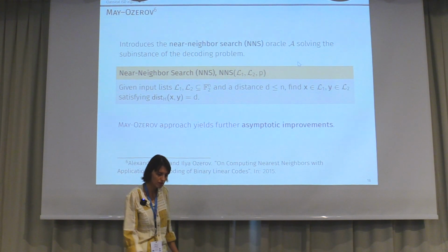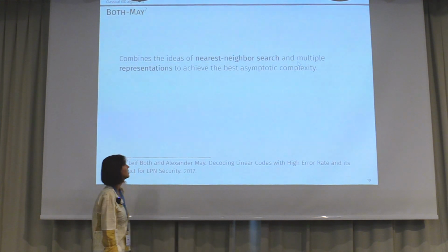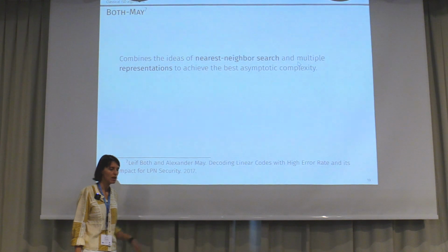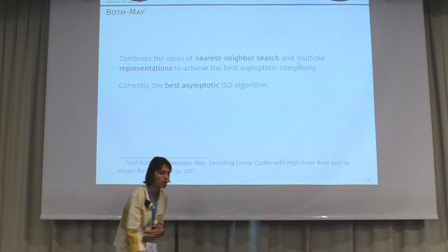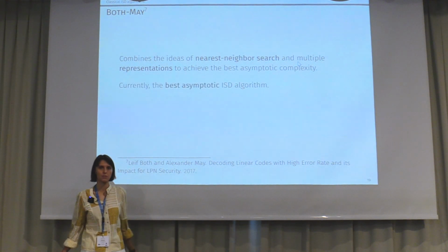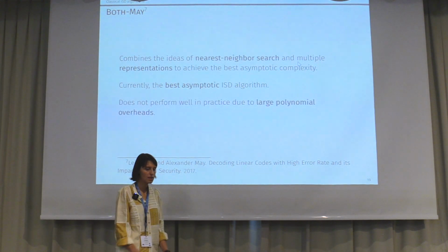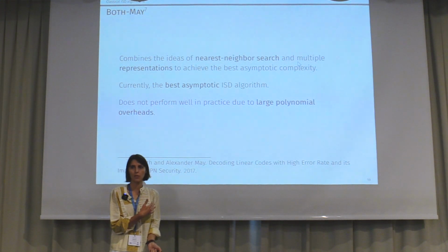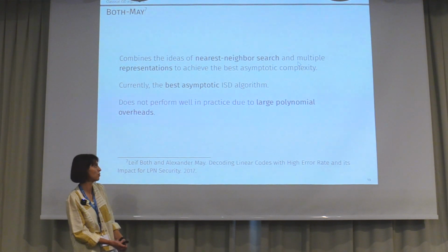But it was very important in the sense that it led to new algorithms, in particular the Both-May algorithm, which combined more or less all the ideas that we saw before and used an advanced version of near neighbor search to obtain the best asymptotic ISD algorithm. I'm highlighting that it's asymptotic because in the end, it was not performing so well in practice. When you implement it, there is a huge polynomial overhead. So this type of algorithm is almost never used to optimize the parameters of your problem.